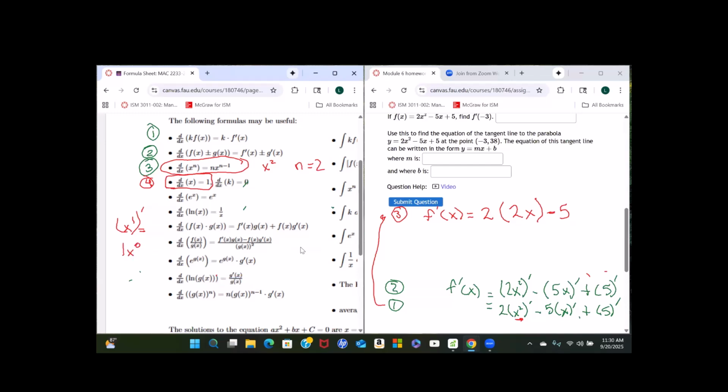Well, what's anything to the 0 power? It's 1. 1 times 1 is 1. The derivative of x is always 1. You don't need both those pieces, but there you go. You can use either 3 or 4. It works both ways. You with me?